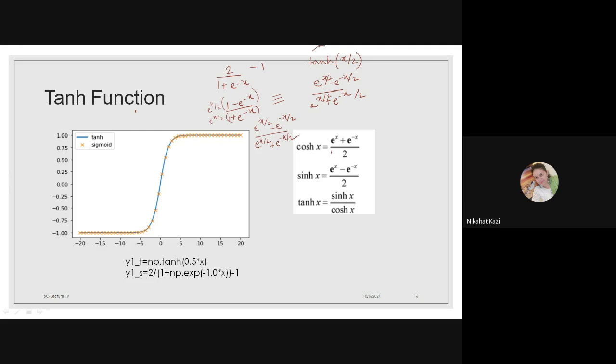So tanh of x by 2 is the same as the bipolar sigmoid function with x as the argument. If you want to find out the activation of a net value using the sigmoid function, it is the same as finding the activation of the net by 2 value using the tanh function.